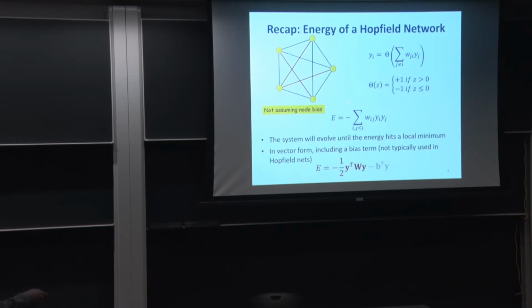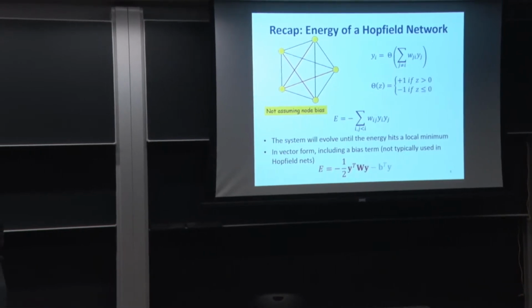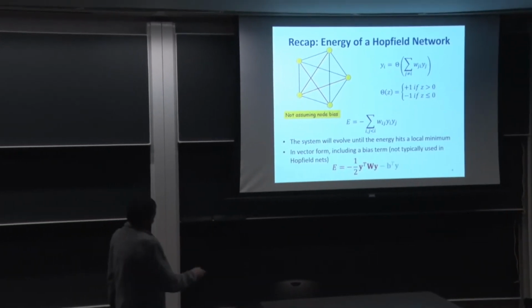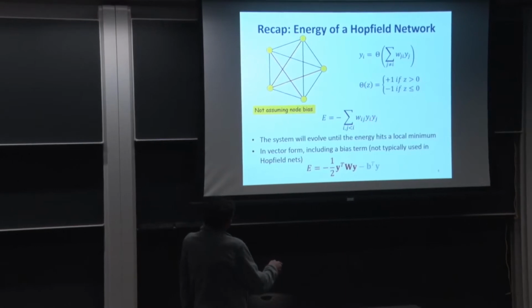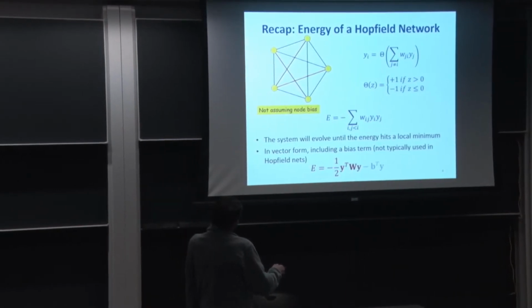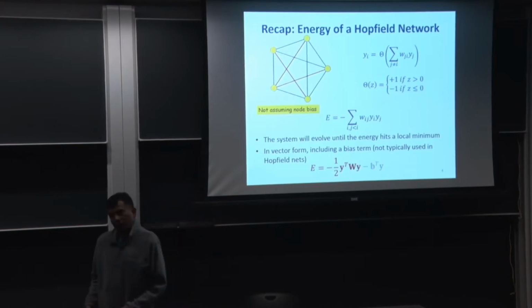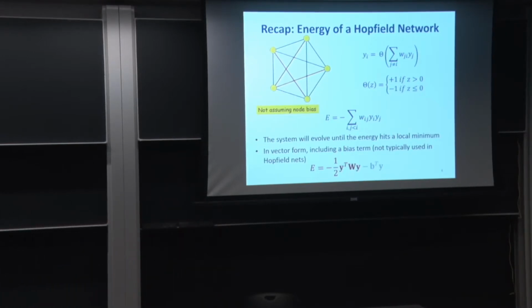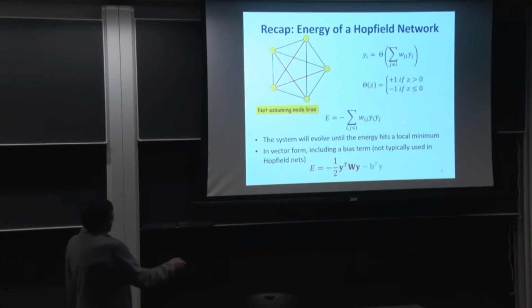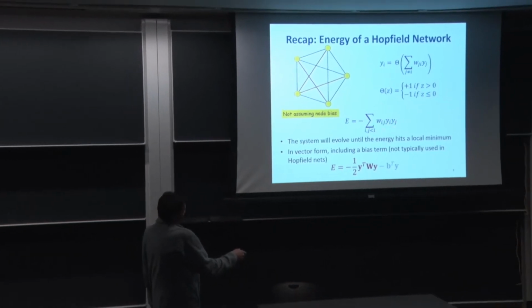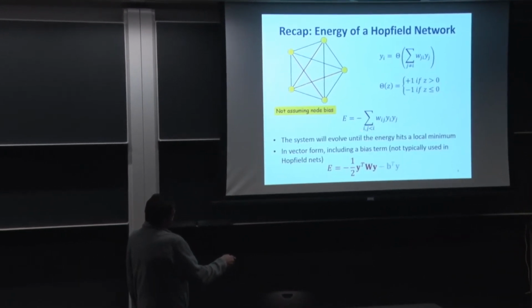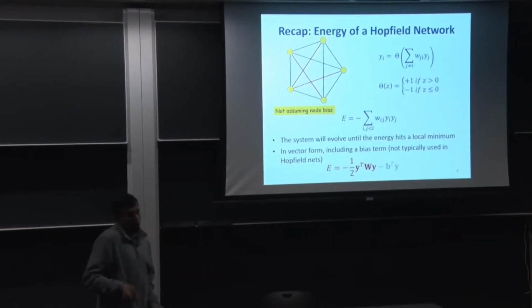Now, in vector form, we also saw that we could write this energy out as a quadratic. If you expand this out, W times Y is going to give you a weighted combination of all of the neuron outputs, and then Y transpose W times Y is going to give you this term summed over all pairs, and so there's a minus half to make sure that you're not double summing.